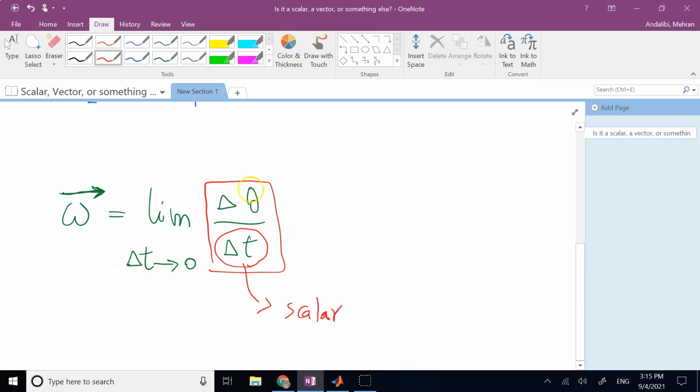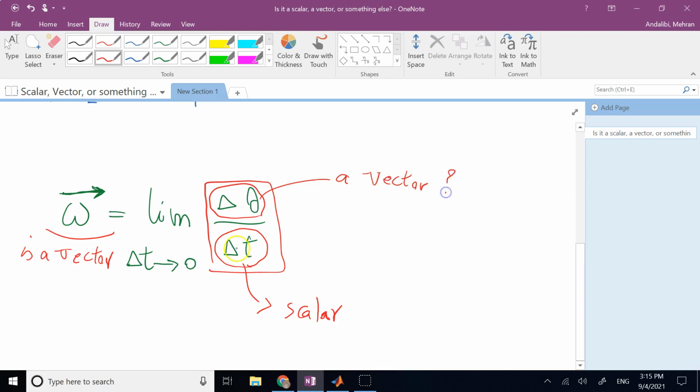The question is, what about delta theta? Is this delta theta a scalar or a vector? And they might say it is a vector. It should be if omega, angular velocity, is a vector, and we know it is. So if this guy is a vector, the only solution possible is that this delta theta has to be a vector, right?